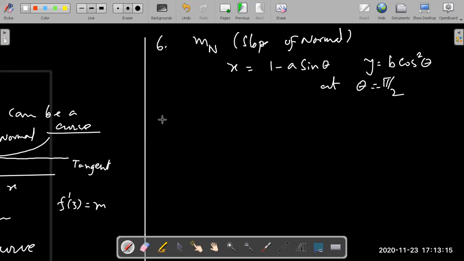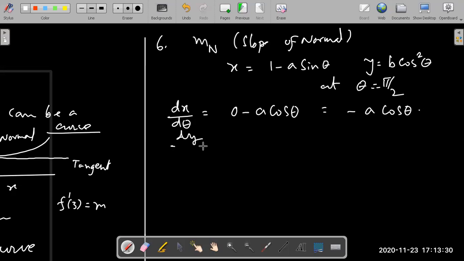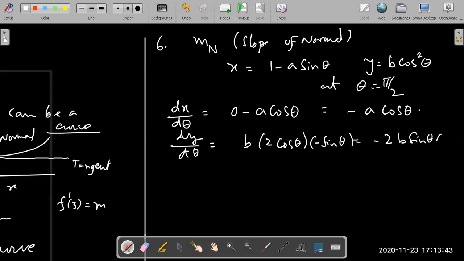Similar method, similar procedure. We do first dx by d theta and dy by d theta. Dx by d theta is 0 minus a cos theta, that is minus a cos theta. Dy by d theta equals b into 2 cos theta into minus sine theta, so this is minus 2b sine theta cos theta.